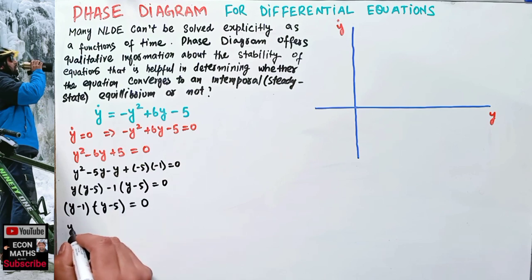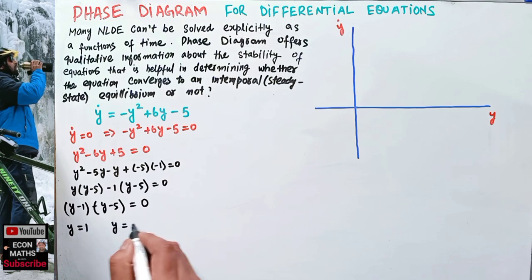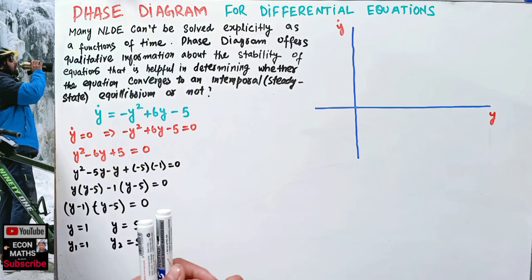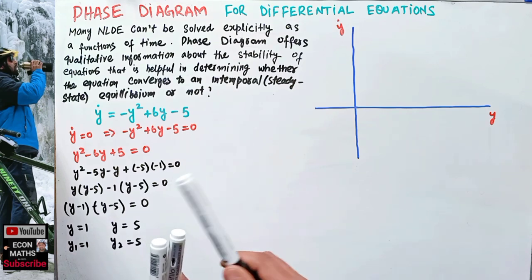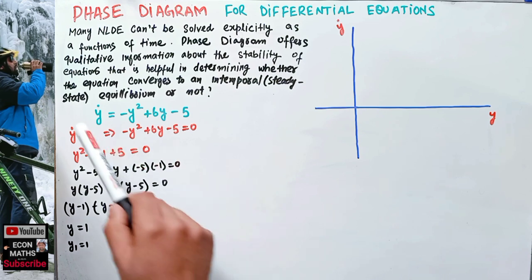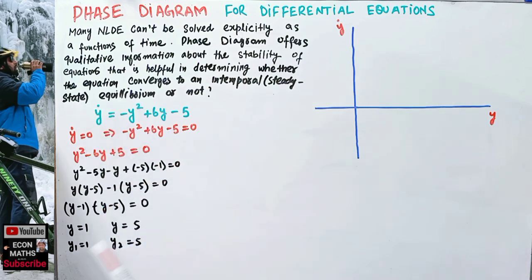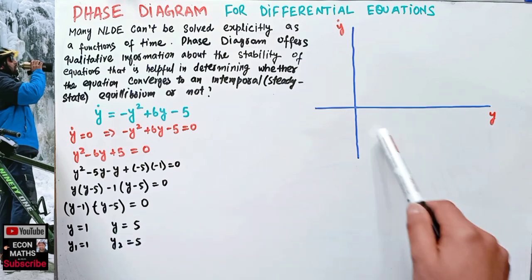That means either y is equal to 1 or y is equal to 5. Let's write y1 is equal to 1 and y2 is equal to 5. So we identified 2 points where y dot intersects the horizontal axis.